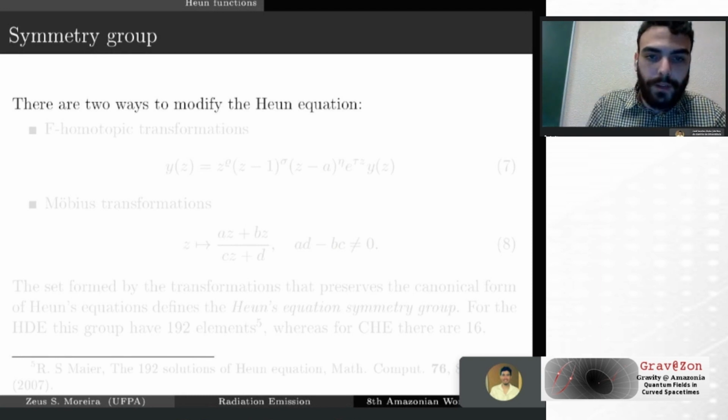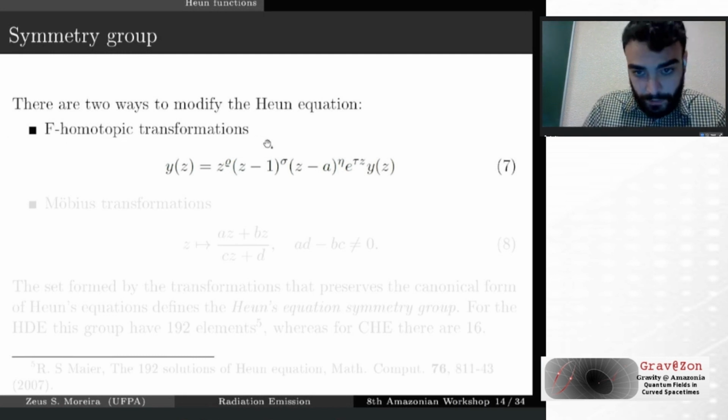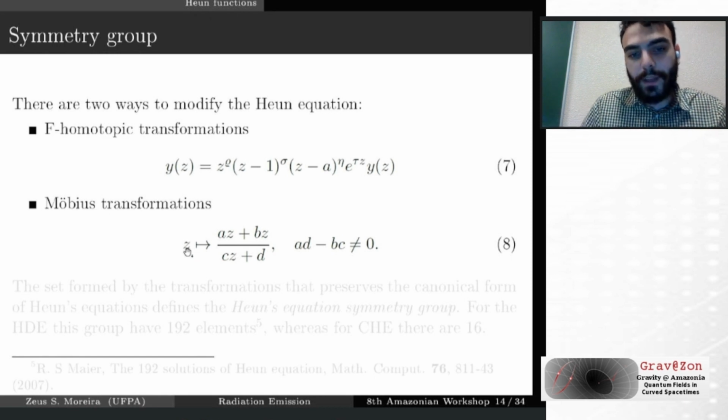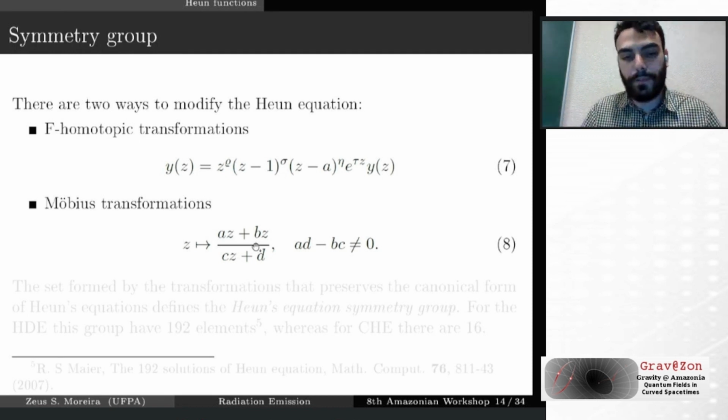And there are two ways to modify the Heun equation, namely this transformation that is called the F-homotopic transformation, defined here in equation 7, which is a transformation of the dependent variable, and a transformation that is called the Mobius transformation, defined here in equation 8, which is a transformation of the independent variable. You can apply just an F-homotopic transformation or just a Mobius transformation, or maybe both at the same time.